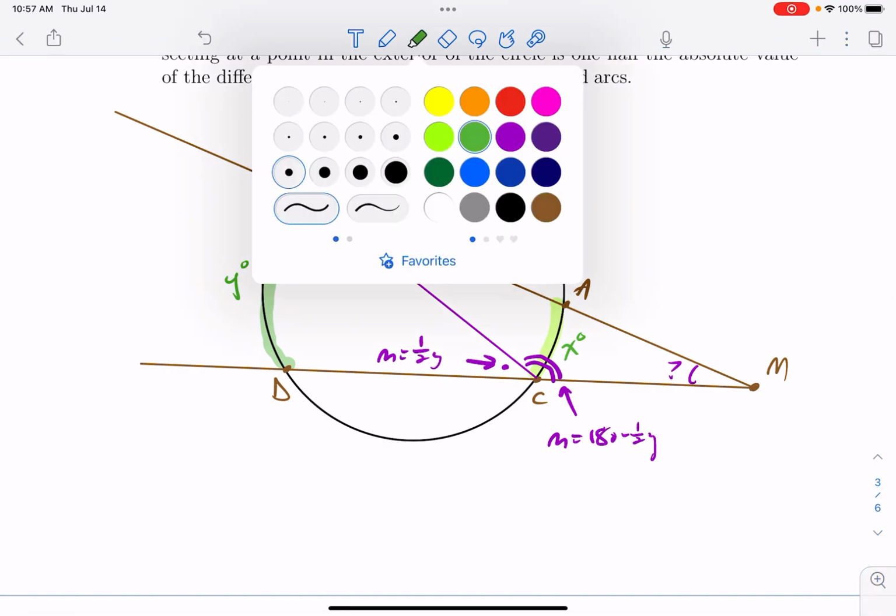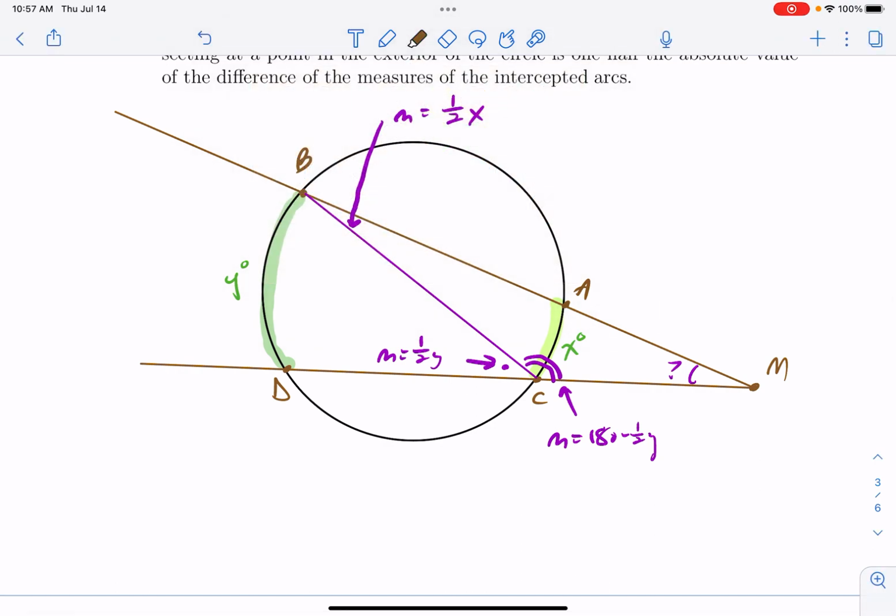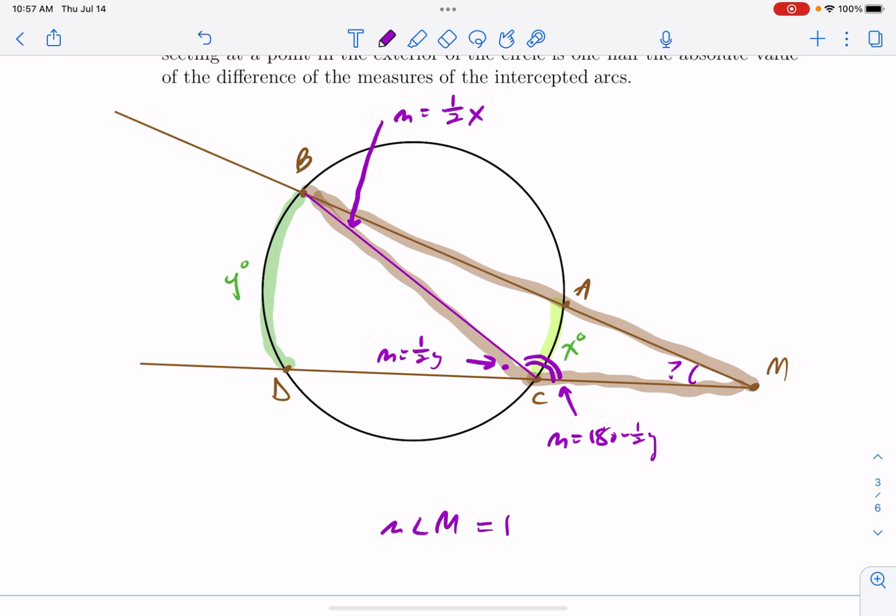So now focusing on this triangle, triangle CMB, I'll use the 180 rule. The measure of angle M would be 180 minus the measure at this angle, which is 1/2 x, minus the measure at this angle, which was 180 minus 1/2 y.